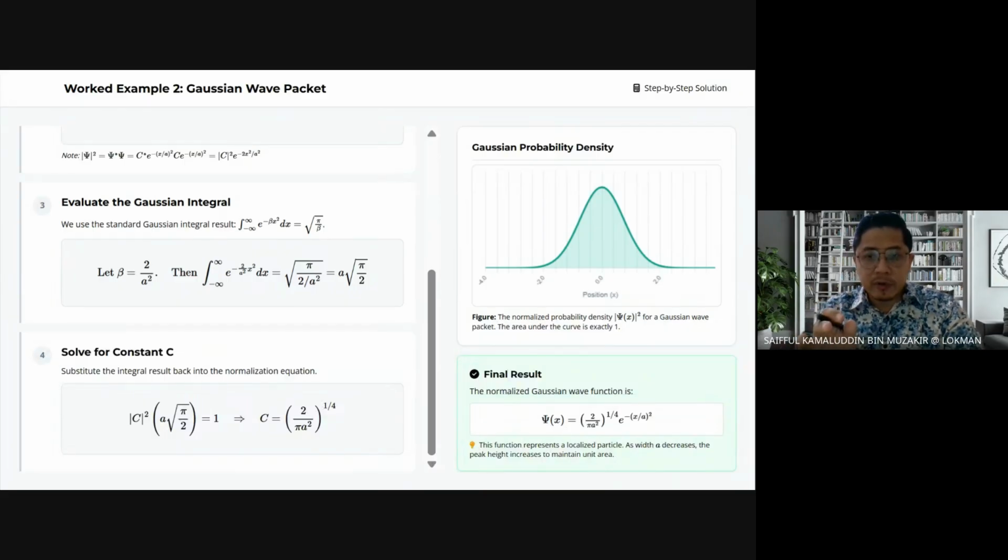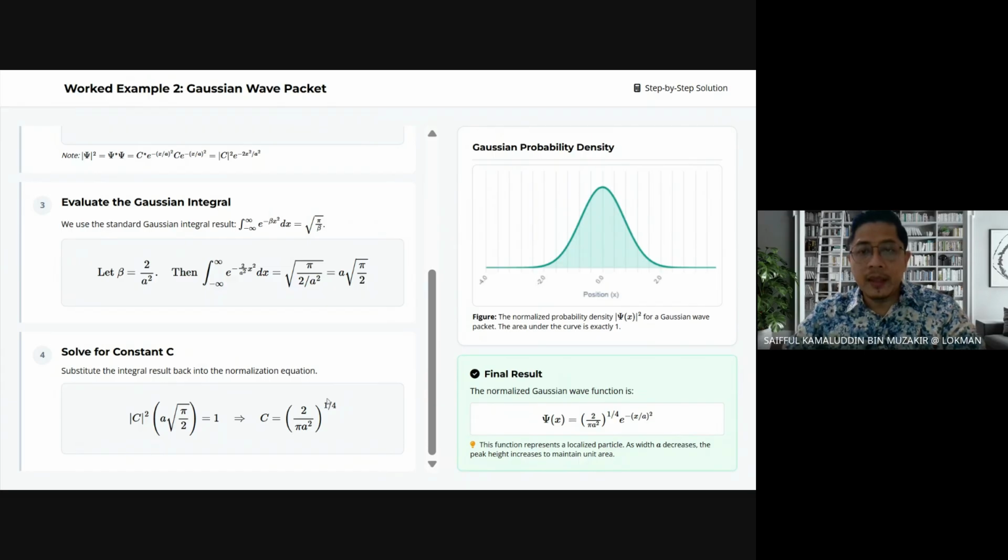And c, you'll find that c equals 2 to the 1/4 power times pi to the minus 1/4 power times a to the minus 1/2. This one, here, I am referring to this.